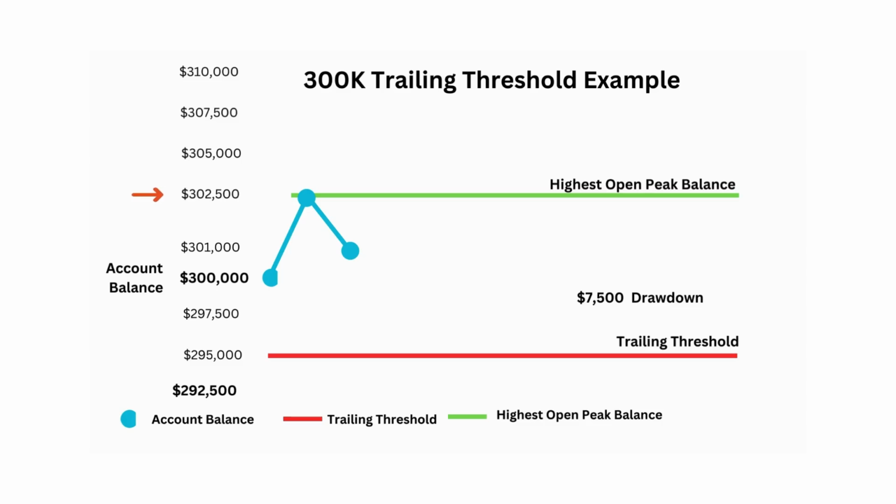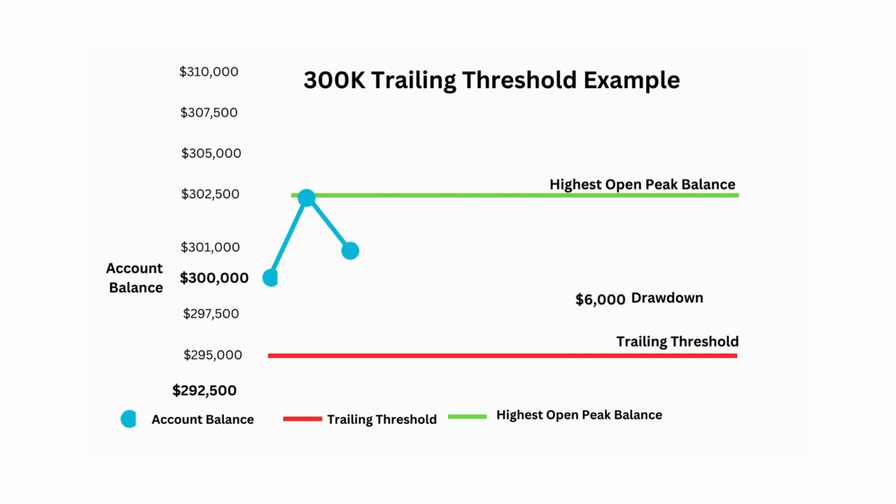With the trailing threshold increasing by $2,500 to $295,000, and our account balance rising only by $1,000 to $301,000, there's a $1,500 difference. This difference decreases our drawdown from $7,500 to $6,000.